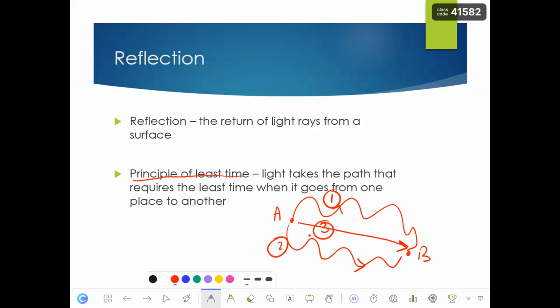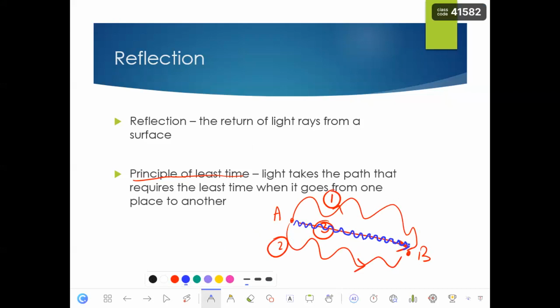Okay? So we already know that the light is a wave. So this wave travels through this straight line. Okay, so that's why we say the light always travels through a straight line.